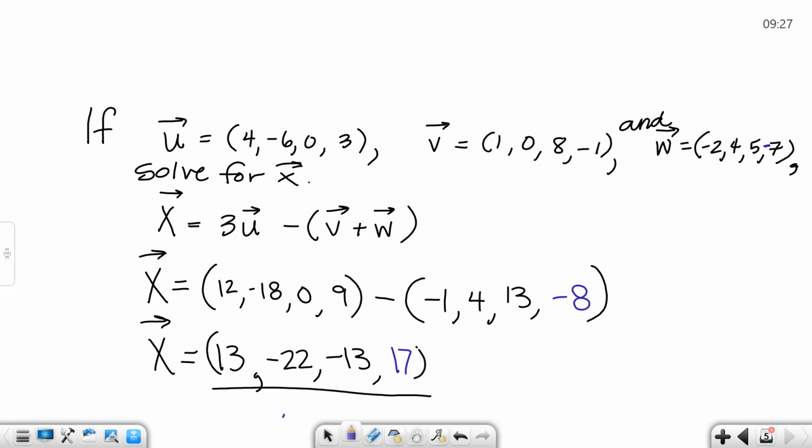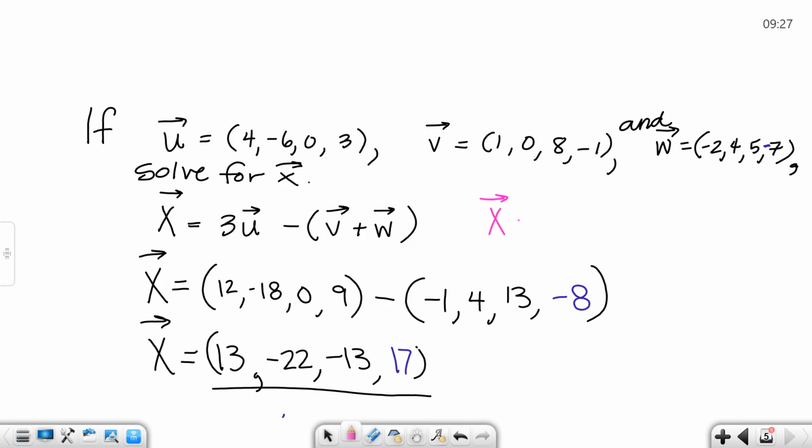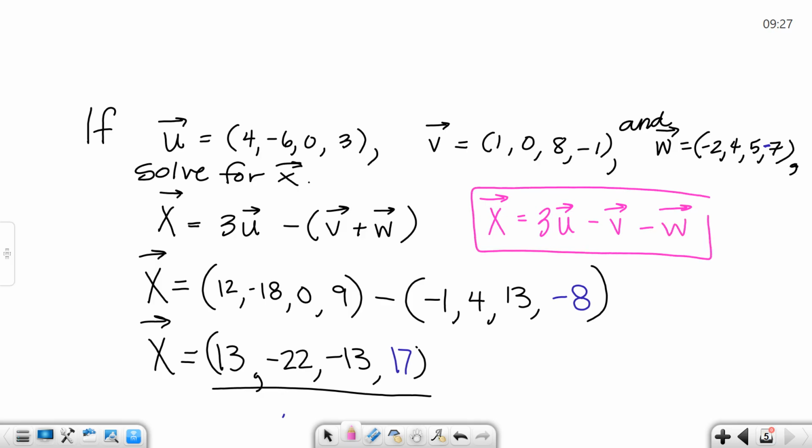So that's how it would work. Now, the point of this example is this. You don't know it yet, but this is a point. Later in this chapter, we're going to talk about something called a linear combination.